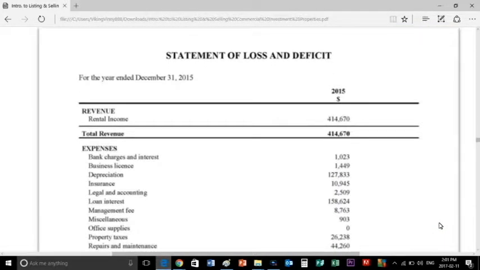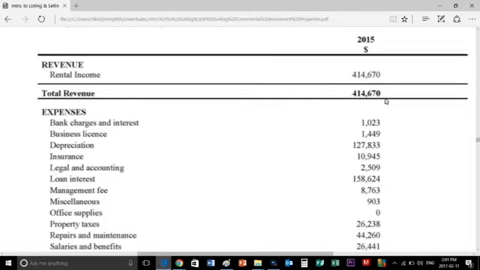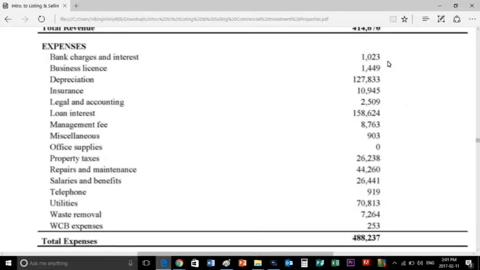Statement of loss and deficit for the year ended December 31st, 2015. Revenue, rental income, $414,670, and that's the same as the total revenue. Expenses, so we've got bank charges and interest of $1,023.